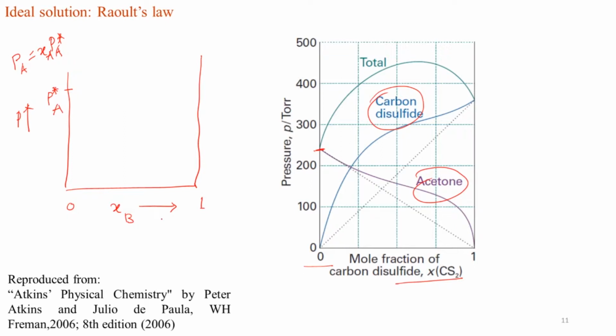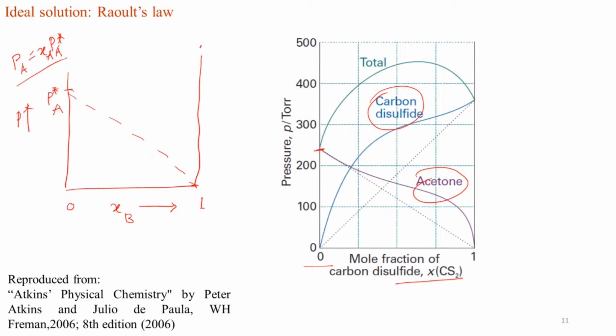And when Xb is 1, it is the pure form of B, so there is no A present. So it should come here, basically zero pressure. According to Raoult's law, this variation is just a linear variation, so it will come like this.